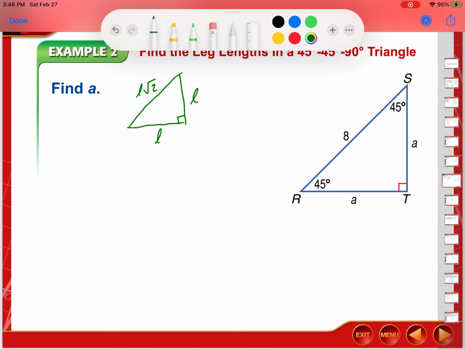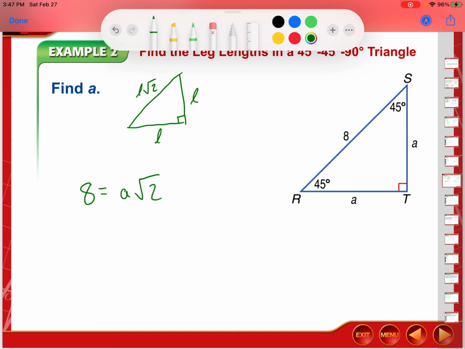So the tough part about this to me is we know 8 equals length root 2.